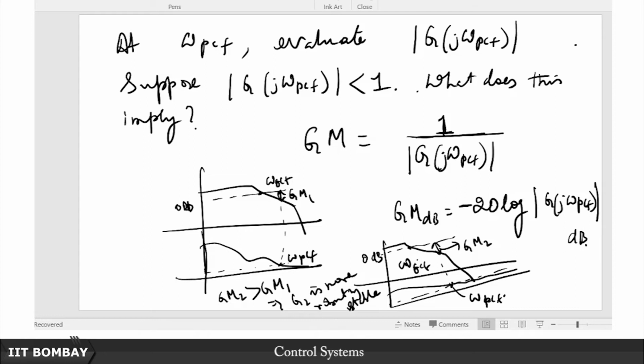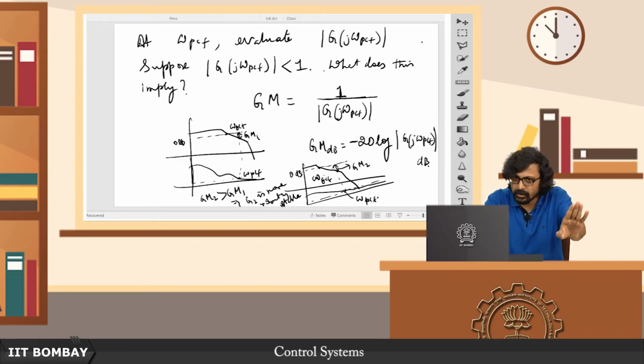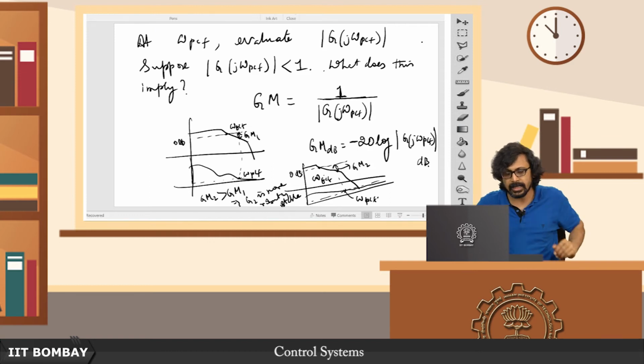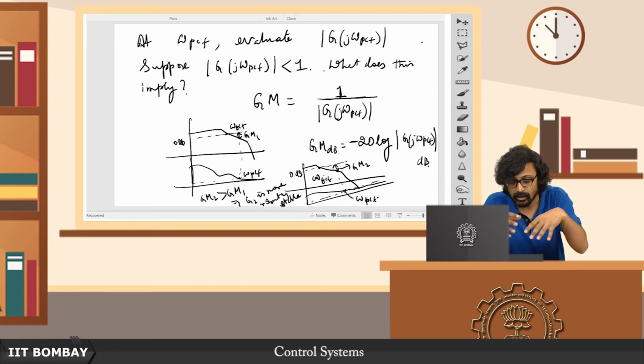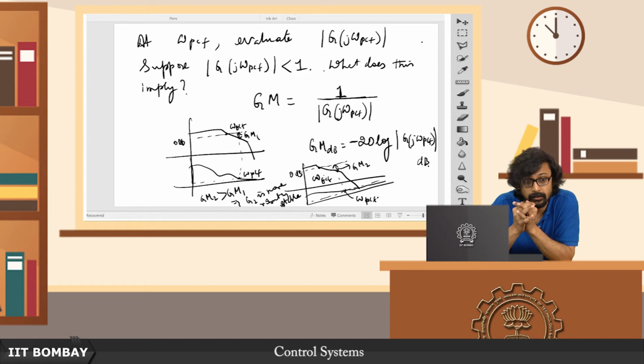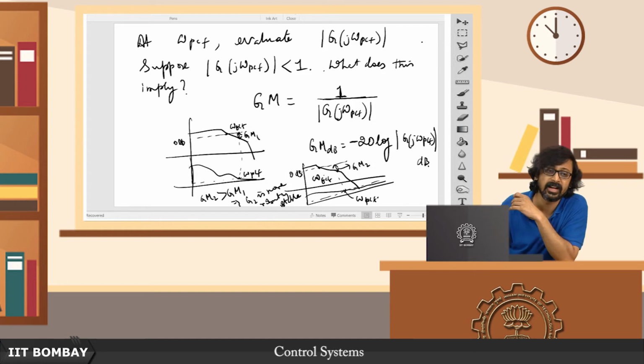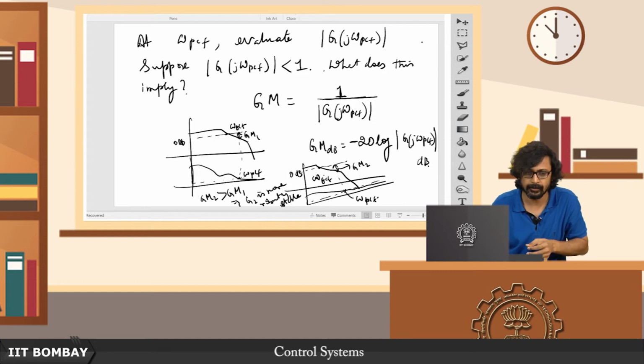The further apart they are, the more margin you have for increasing the gain until they coincide. So it makes sense to talk about ω_PCF and ω_GCF as well as the gain margin, and I have not yet elaborated on the phase margin, so we will see that shortly. The gain margin and phase margin do give us an indication about the relative stability, which is very, very important.